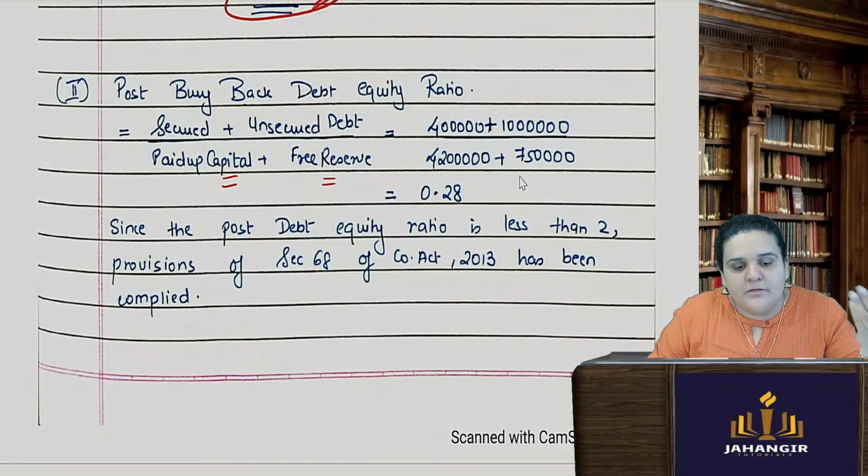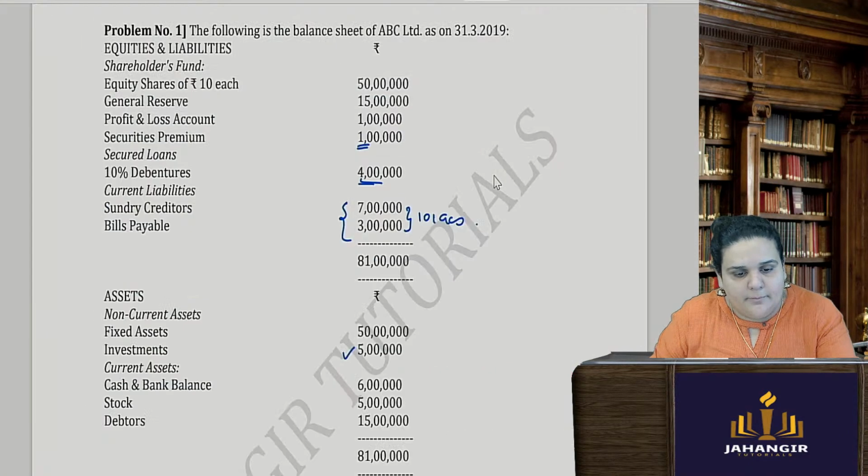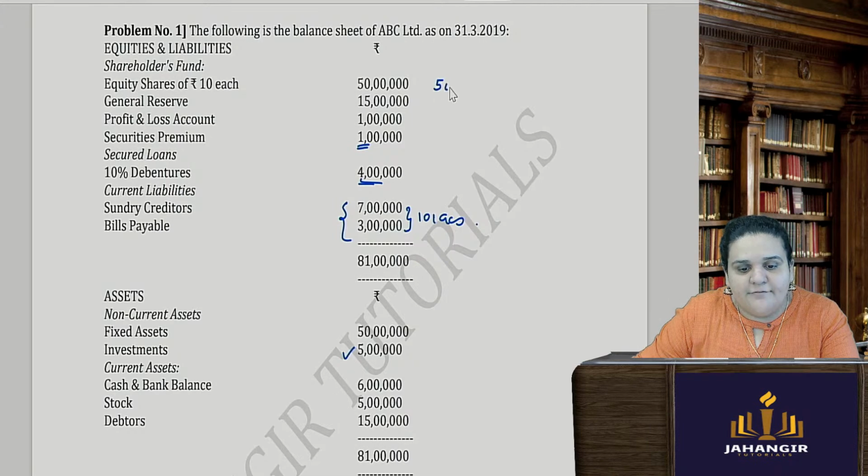Divide by post buyback paid up share capital. Okay, so post buyback, how much is my paid up share capital? I had 5 lakh shares, out of which 1 lakh is done as a buyback. But then there is also a fresh issue now of 2 lakh preference shares.